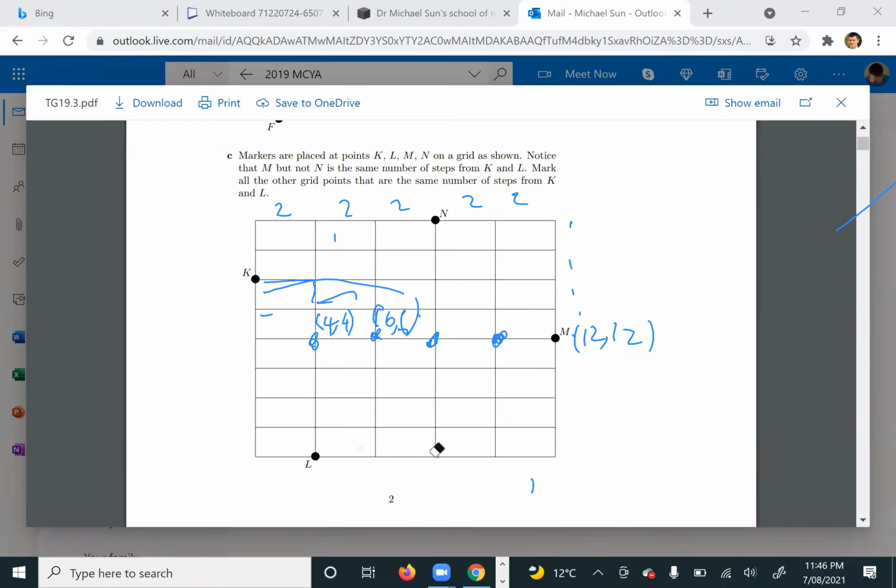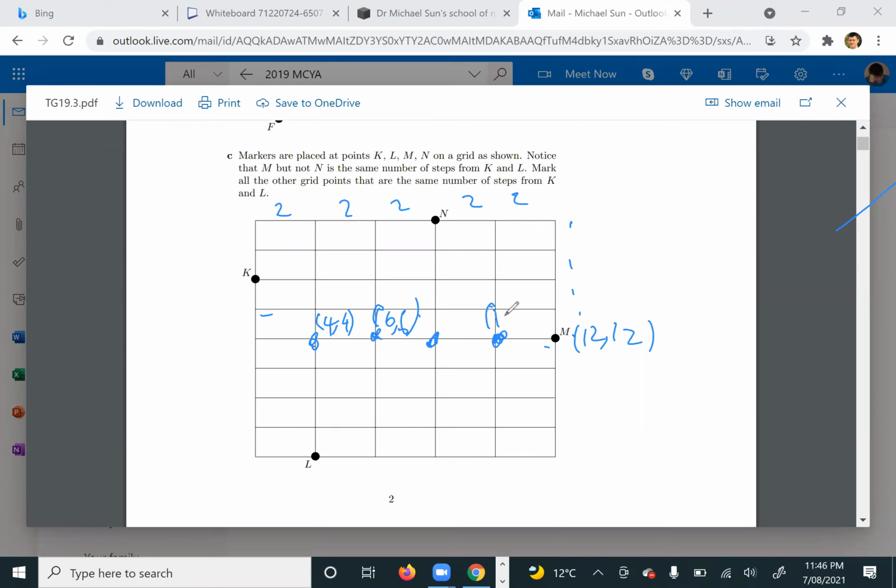There are 4 2s and 2 1s. So what's that? That's 10 steps.